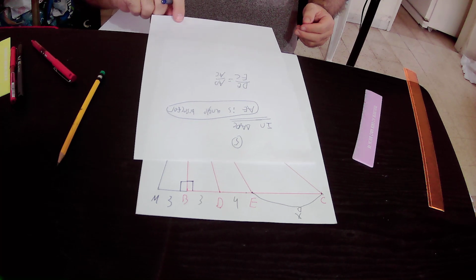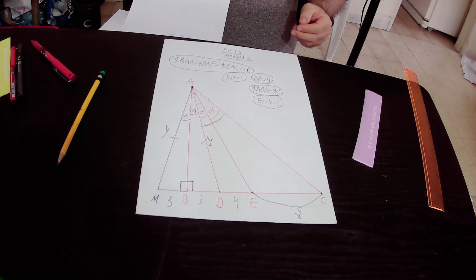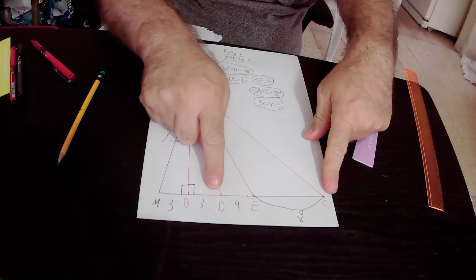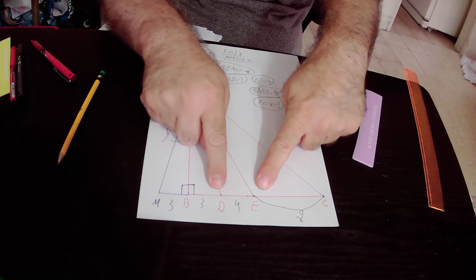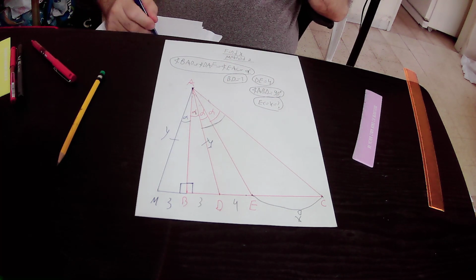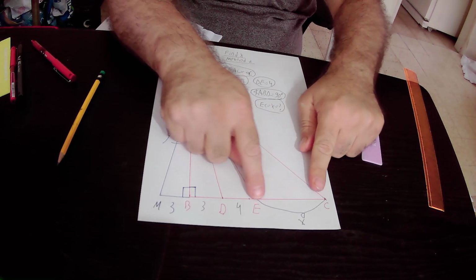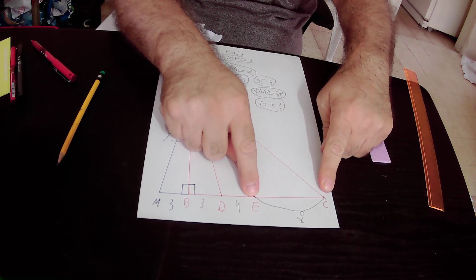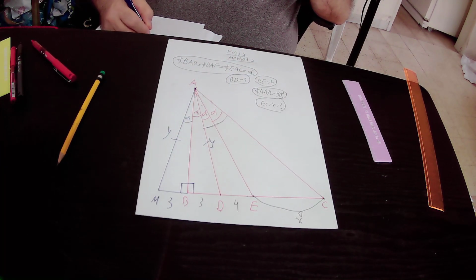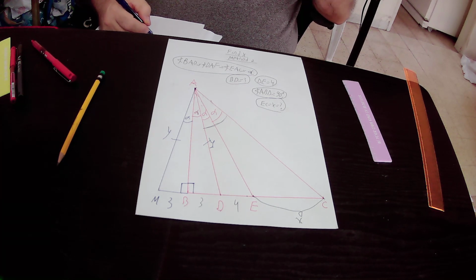And what is the value of DE? The value of DE is actually 4 units. What is the value of EC? EC equals X. X is the value that we are looking for.